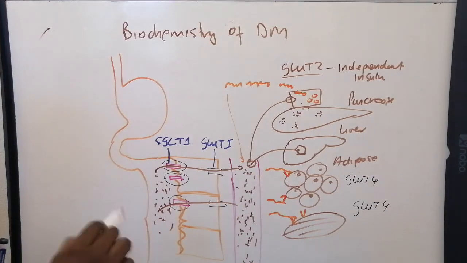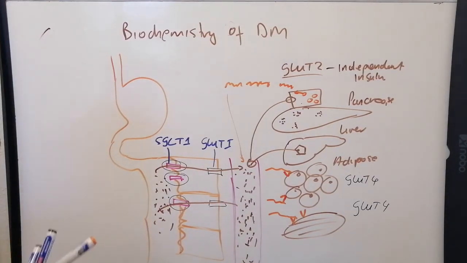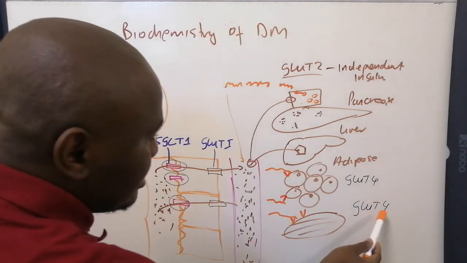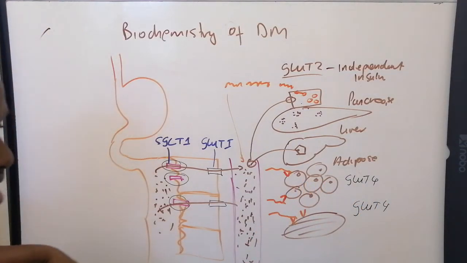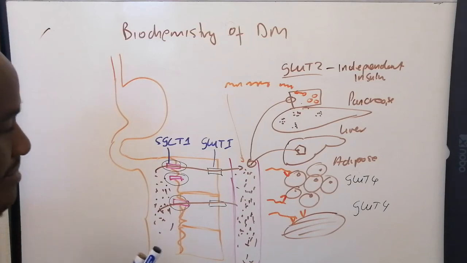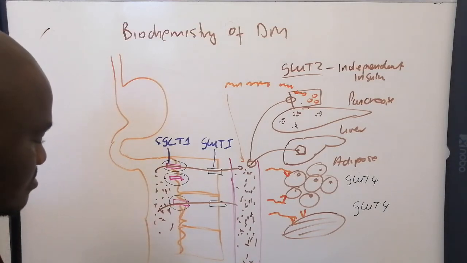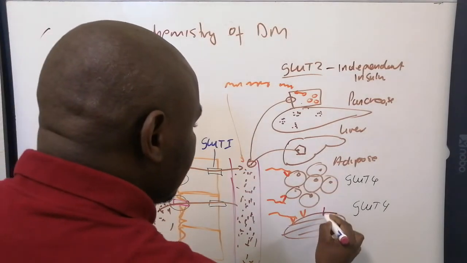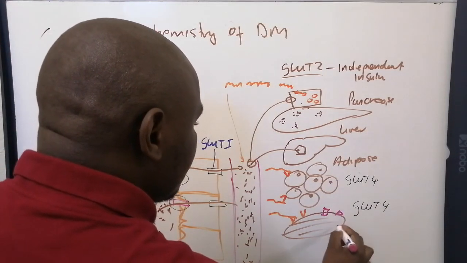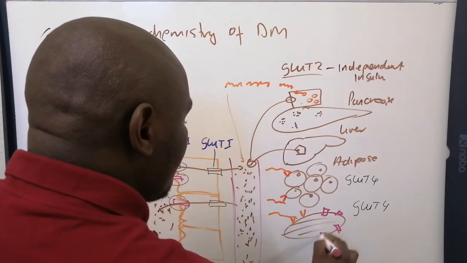Once insulin binds on these receptors, there's a lot of intracellular chemical reactions that are going to happen, but eventually what's going to happen is that the GLUT4 transporters that are stored in the cytoplasm, they become expressed. So these are the GLUT4s. They become expressed on the cell membrane of these cells.